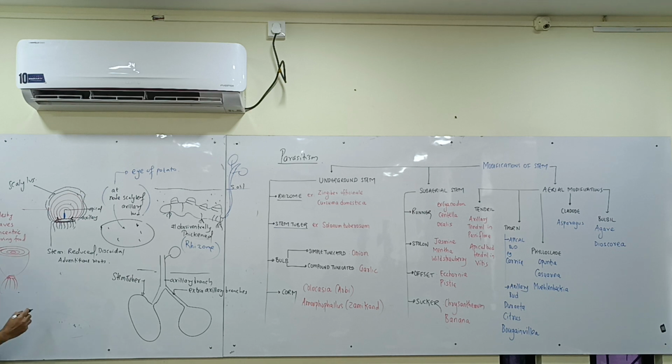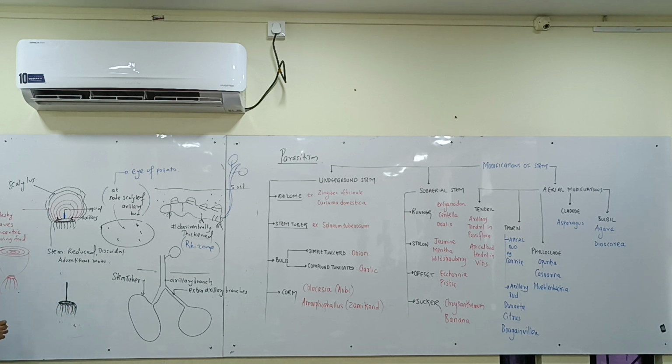Compare it with a garlic. Can you see it here, everybody? Once again, same thing. What do we have? A discoidal green stem with adventitious roots. And it shows the presence of an axis like this.